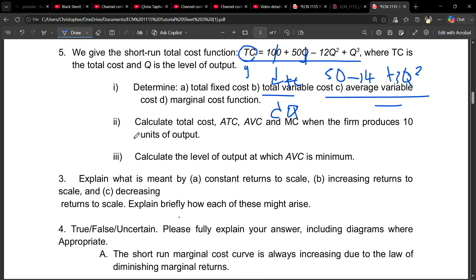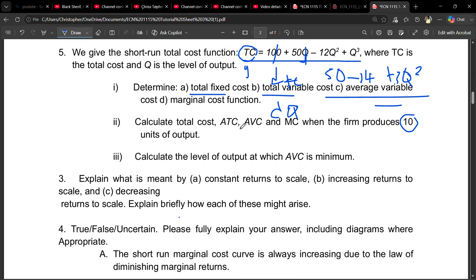Question 2. Question 2 is saying calculate the total cost, average total cost, average variable cost, and marginal cost when the firm produces 10 units. So those costs that you found, total cost, total fixed cost, total variable cost, average variable cost, and marginal cost, you just replace wherever there was q, you put 10 there.